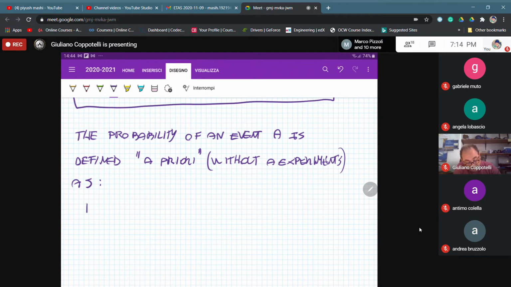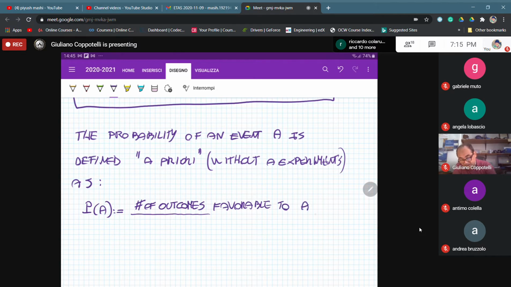So the probability P relative to the event A is defined as the ratio of the number of outcomes favorable to the event A with respect to the total number of possible outcomes.